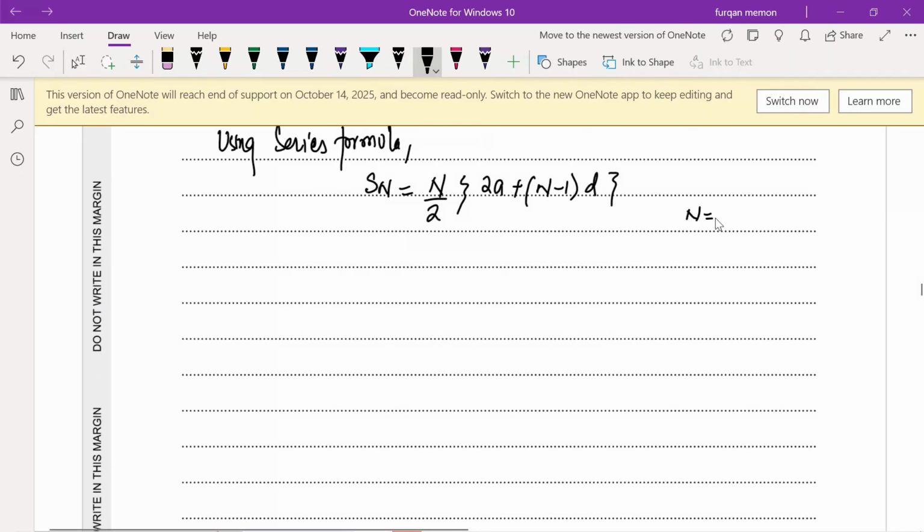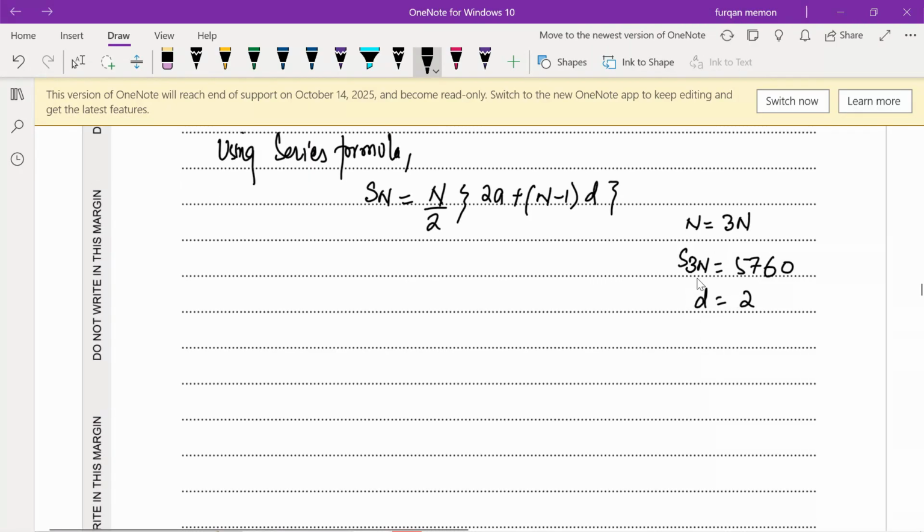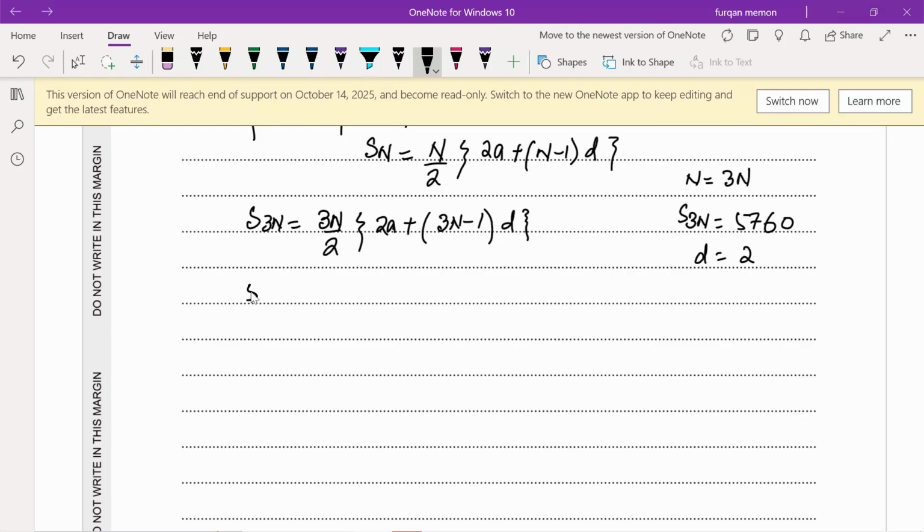In this case n is 3n, S_3n is 5060, a is unknown, and d is 2. Plugging these in, S_3n equals 3n over 2 times (2a plus (3n minus 1) times 2).